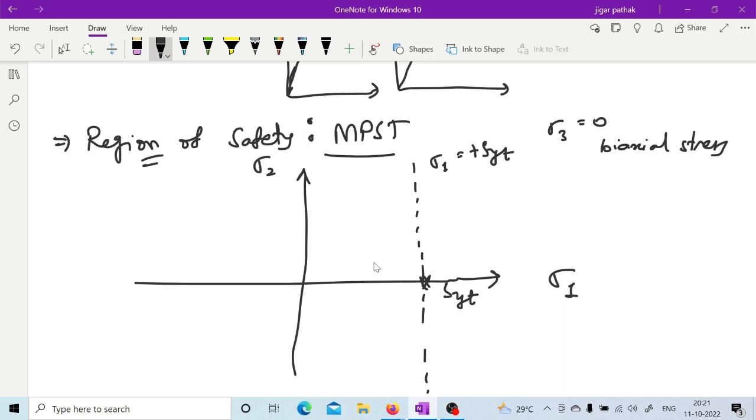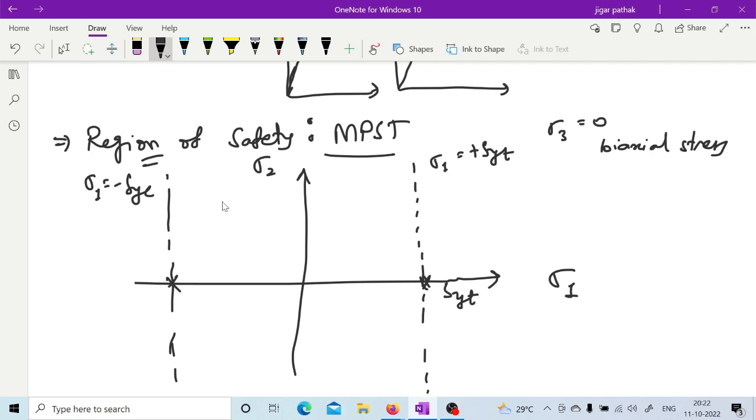Similarly, if sigma 1 is greater than sigma 2 and under compression, we plot it on the negative side. So here sigma 1 is equal to minus S_yc. This will be the line after which failure will start.